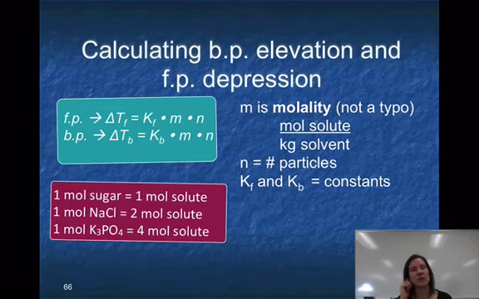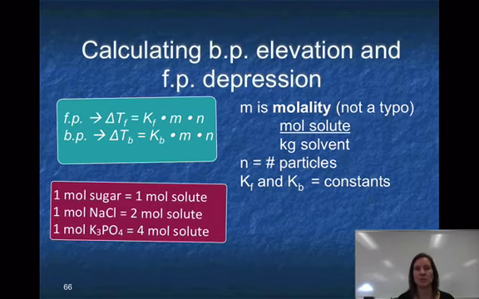So that's the one new thing that's a little tricky when it comes to these math problems, and I'll help you with that tomorrow in class. But N is the number of particles that your solute will dissociate into as it falls apart into its cation and anion. If there's a subscript on them, you just have to make sure you add that into the number. With the potassium phosphate example, I didn't dissociate the phosphate because that stays as PO4 with a charge of minus 3.